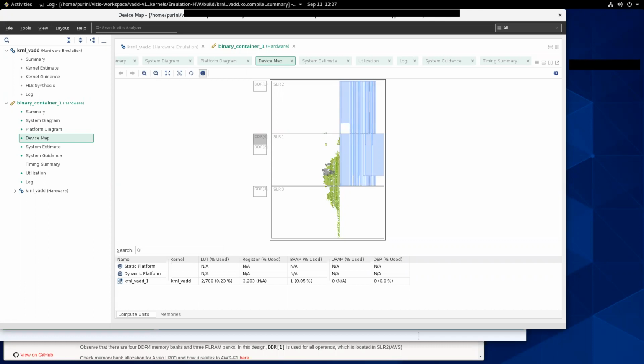If you remember in the second lecture, we talked about SSIT technology, where you have multiple dies connected together to form a bigger chip through interposer layers and through silicon vias going through the interposer layer to form routes. Those are referred to as super logic regions.